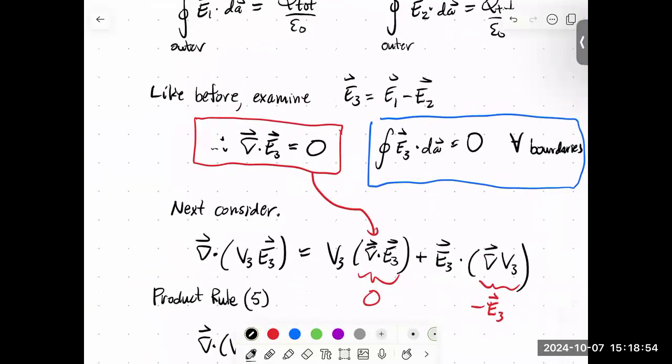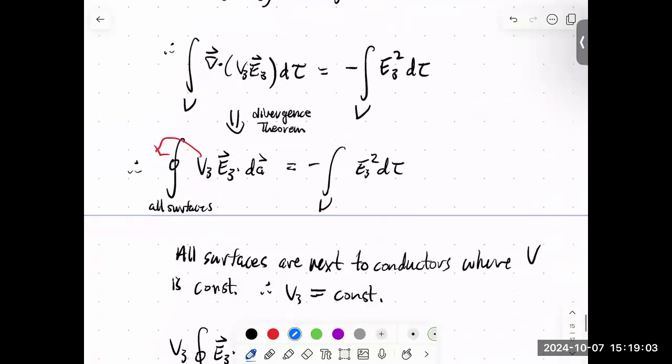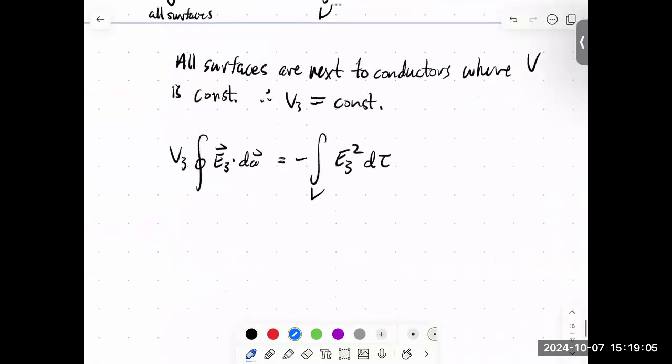Well, we said this surface integral has to be 0. Let's call this equation star. And so this is equal to 0 by star. The only way that this volume integral can be 0 is if the electric field is 0.